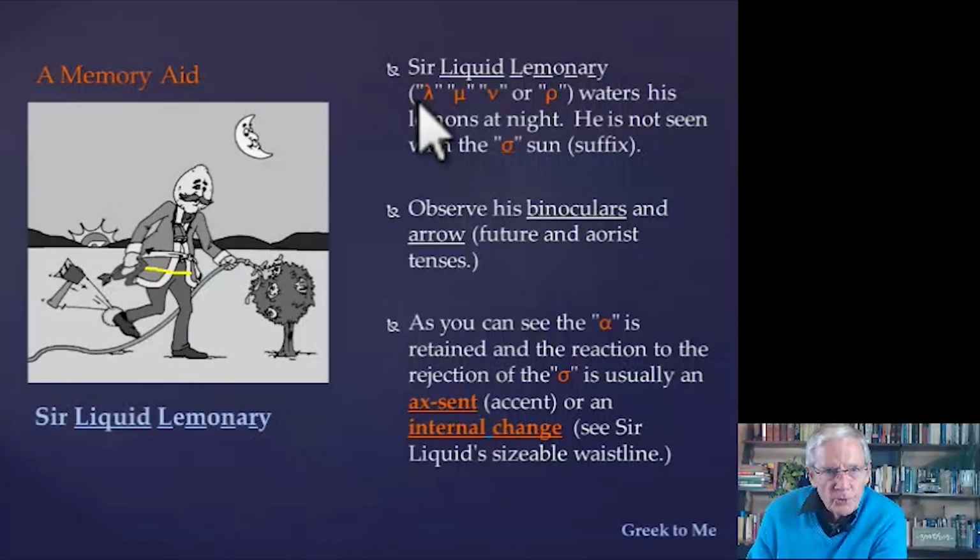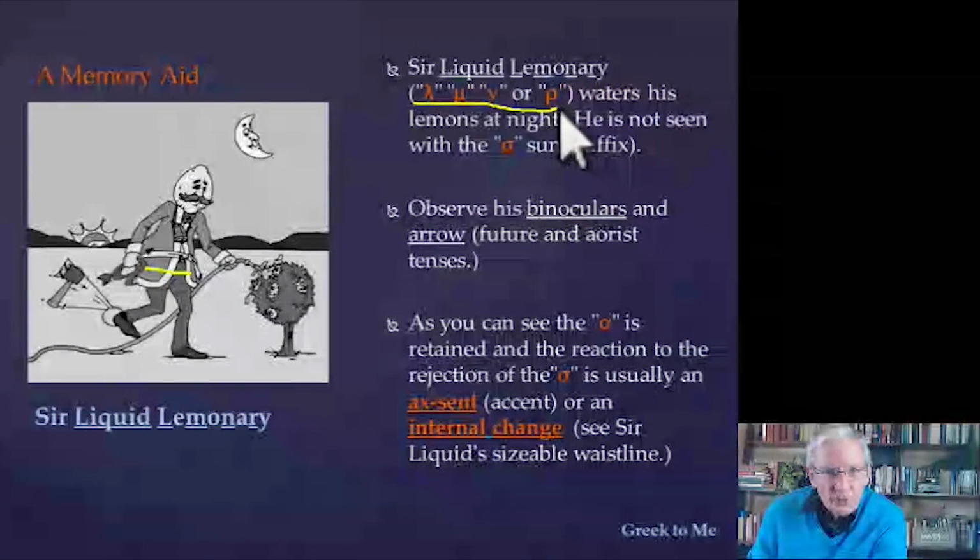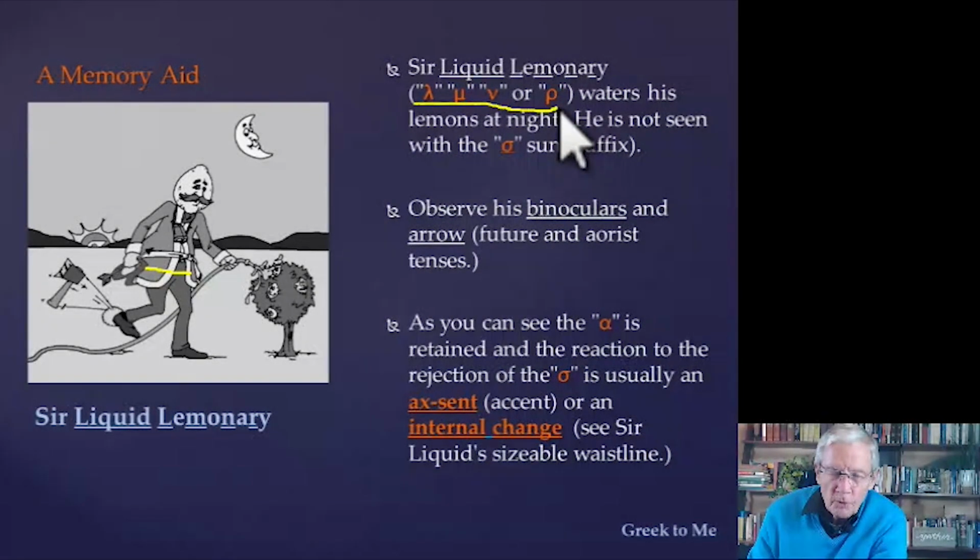So let's go through the picture again. Liquid verbs, they end in one of those four letters, lambda, mu, nu, and rho. Lemonary helps remind us of that. His binoculars, an arrow for future and aorist. And the sigma sun is gone. It's off the picture. It won't be found.